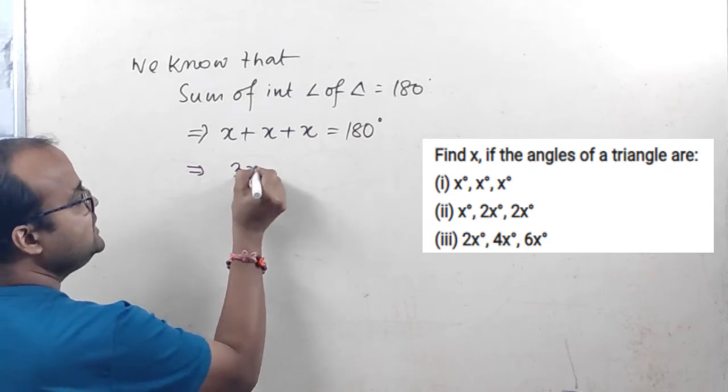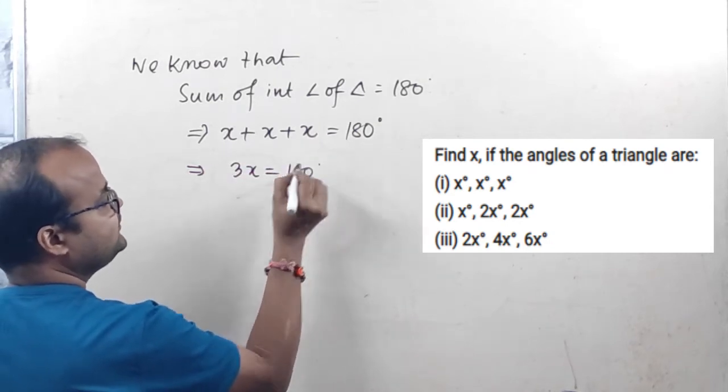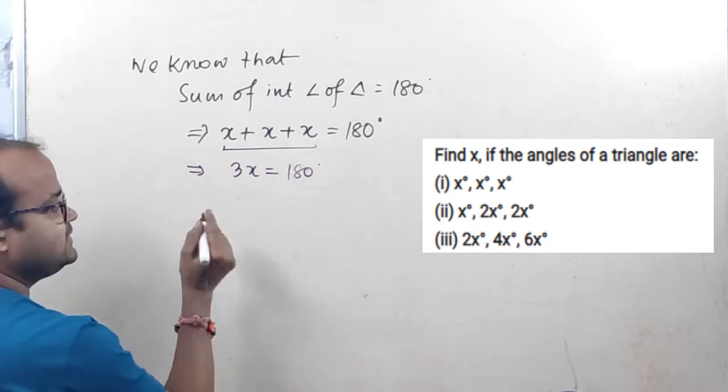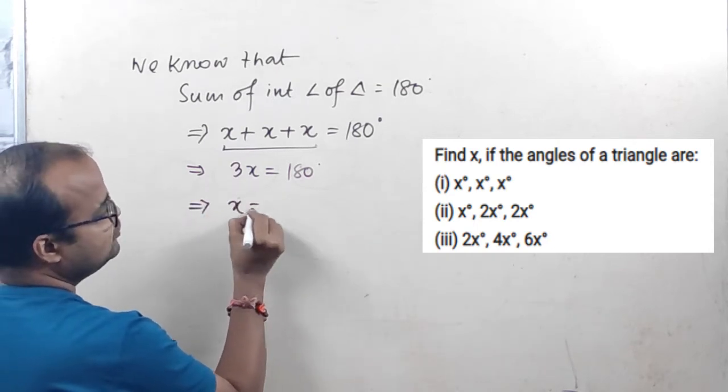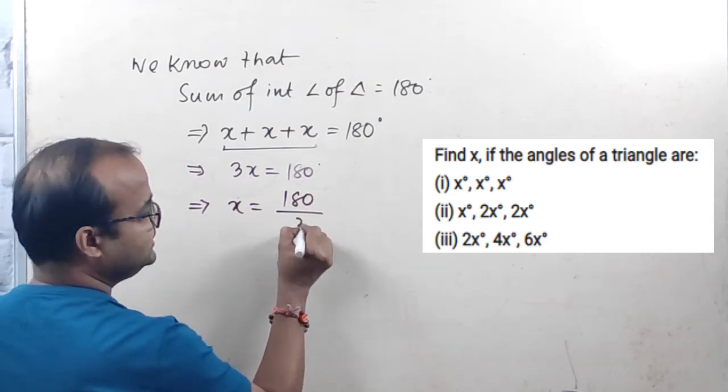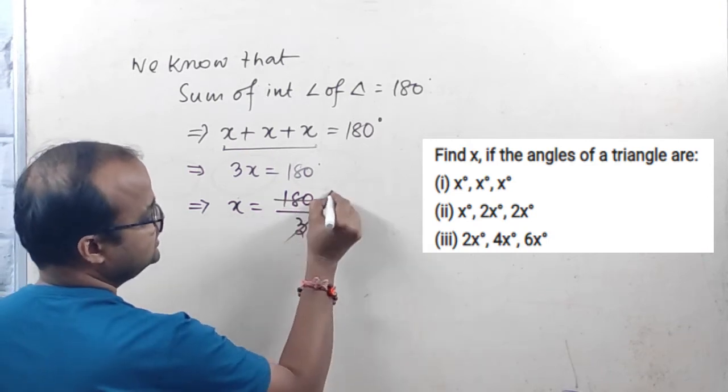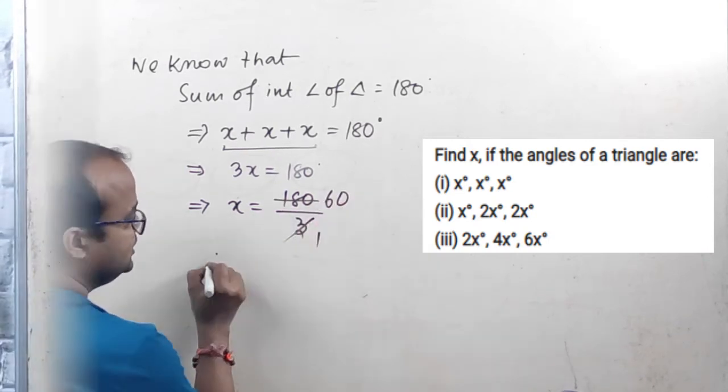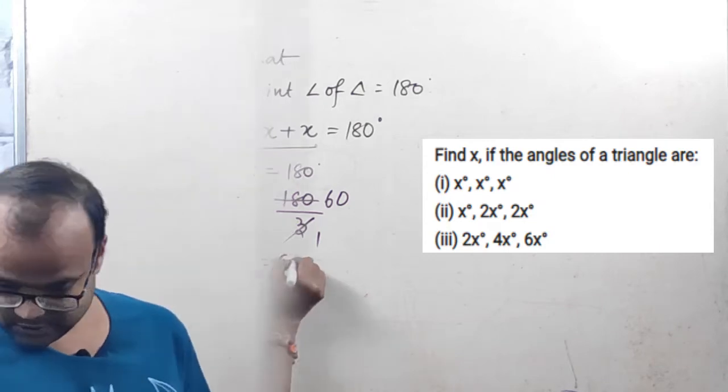That means 3x equals 180 degrees, so x equals 180 degrees divided by 3. 3 ones are 3, 3 sixes are 18, 0. Therefore x equals 60 degrees.